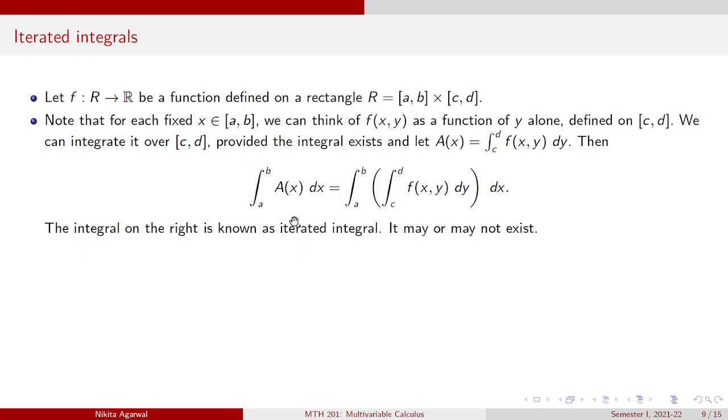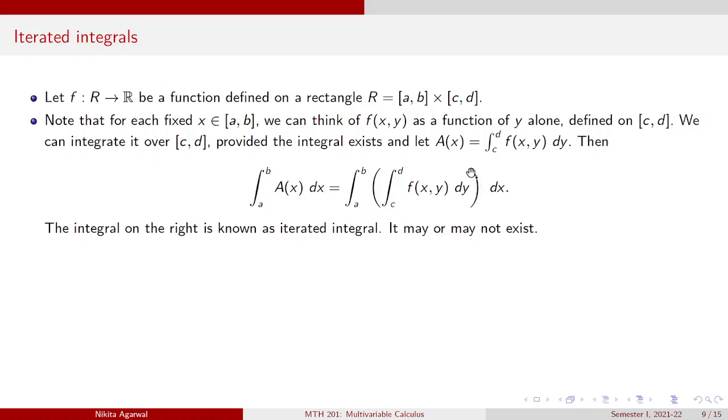So now A(x) is a function of x, and x varies over the interval [a,b]. So I can integrate the function A(x) over the interval [a,b], and this is the notation from MTH 101. Now A(x), you know what it is, so you plug in A(x) here, and you get this integral. What is this integral now?